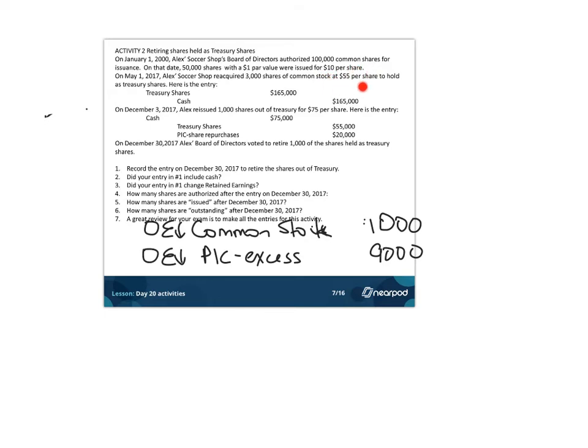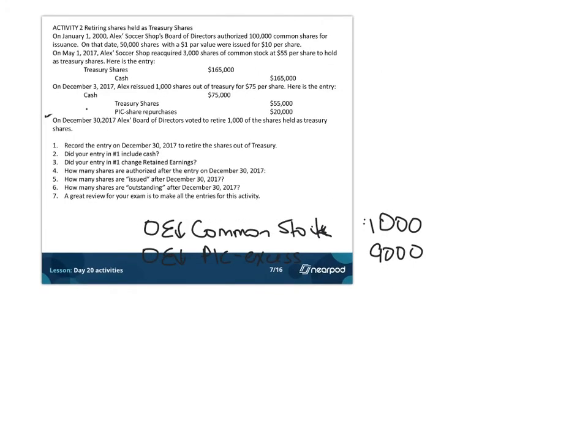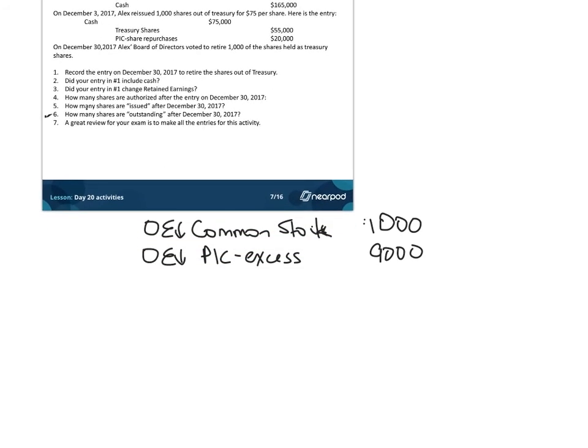Okay, so when we retire them out of treasury, we need to recognize that our treasury stock is reduced by those 1,000 shares, and that was reduced at the $55 cost. So I am going to credit treasury stock for 55,000. 1,000 shares at $55 a share.